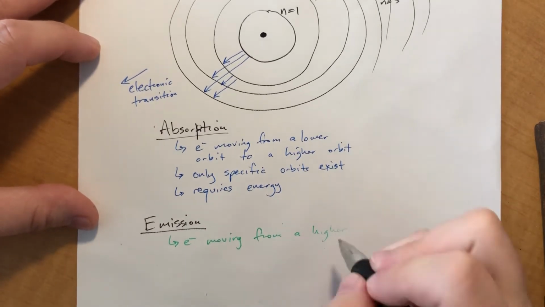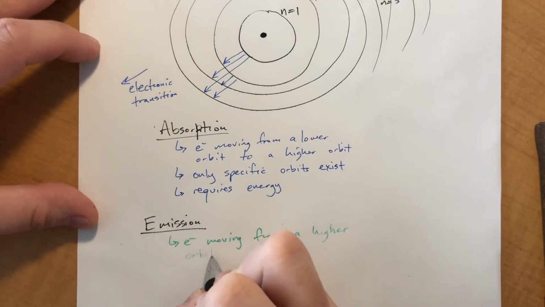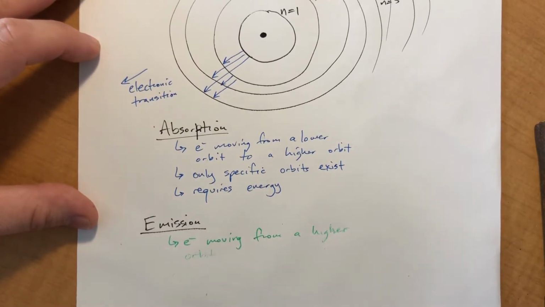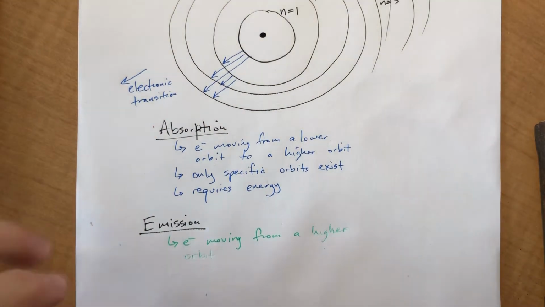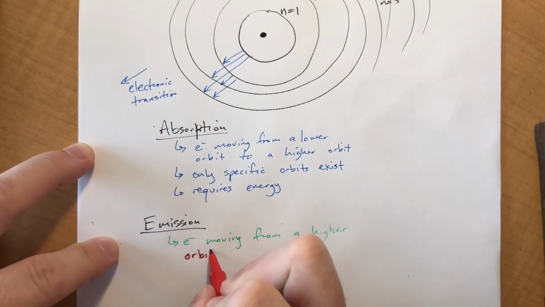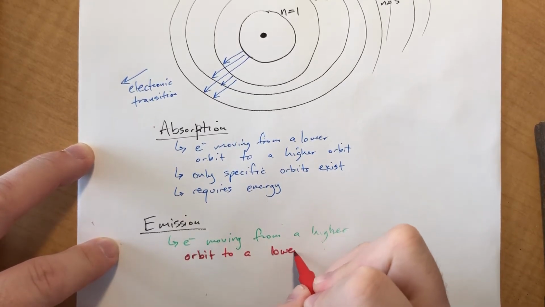My pen is dying. Well, I was going to color coordinate this. Well, that failed. Go with red. Sorry, red's not a great color here. So from a higher orbit to a lower orbit.